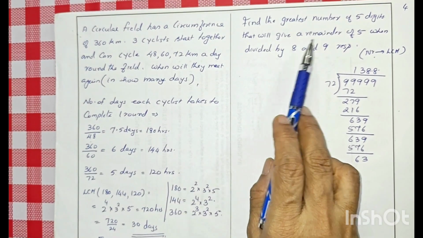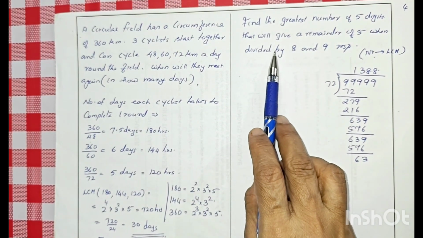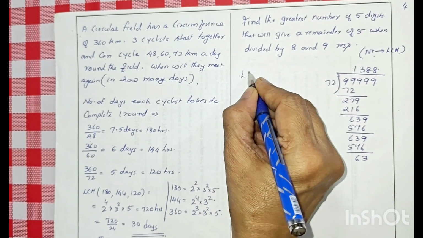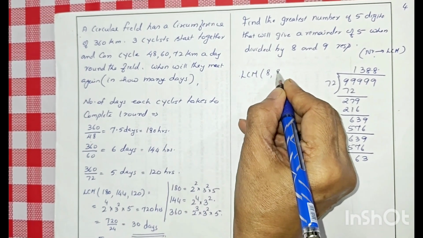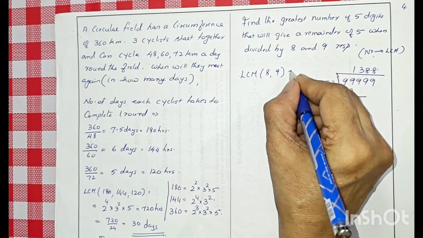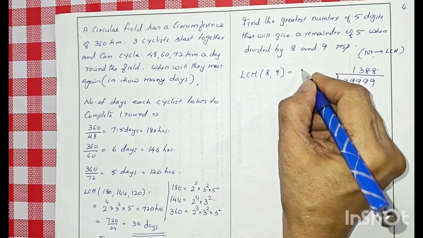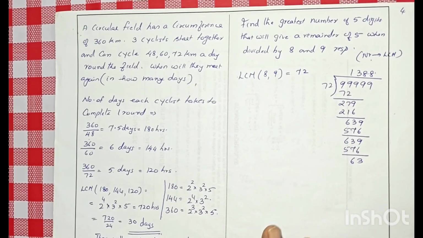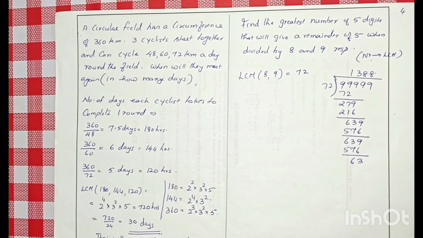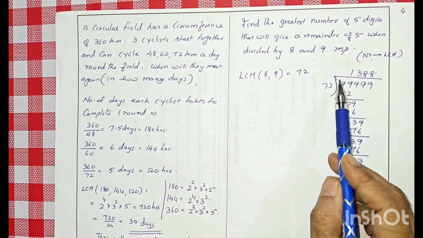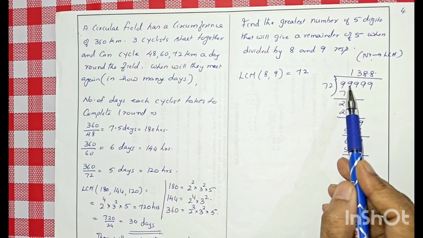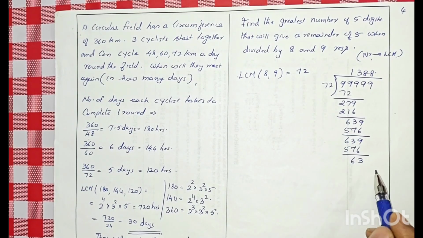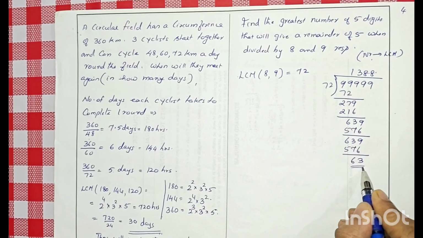Now a number which has to be divided by 8 and 9. So you have to find the LCM of 8 and 9. So 8 and 9 LCM will be 72. Now we will divide the greatest 5 digit number by 72. So you will get a remainder of 63.